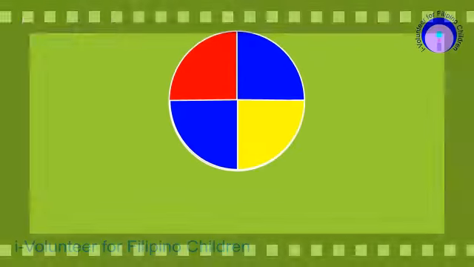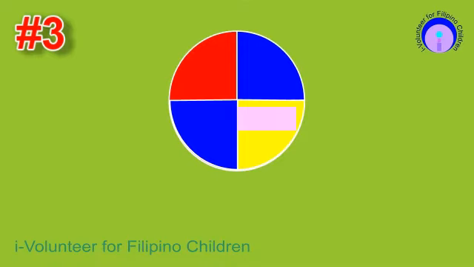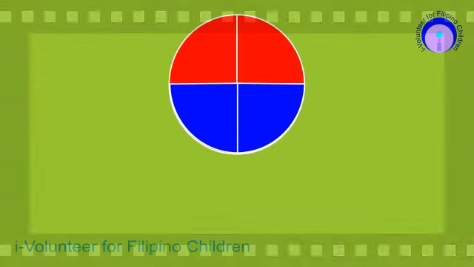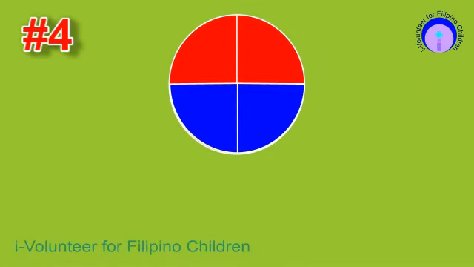Number 3. Write the fraction in words on the number of blues. The answer is. Number 4. Write the fraction in words on the number of reds.